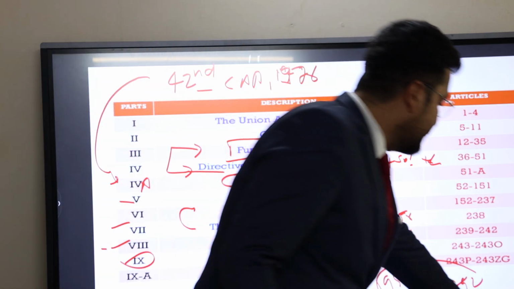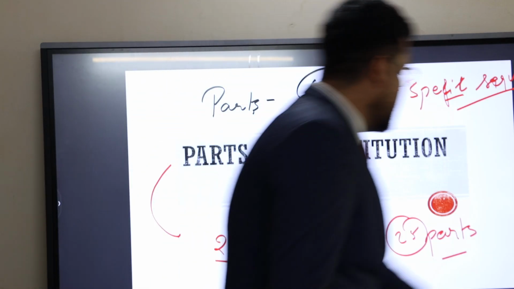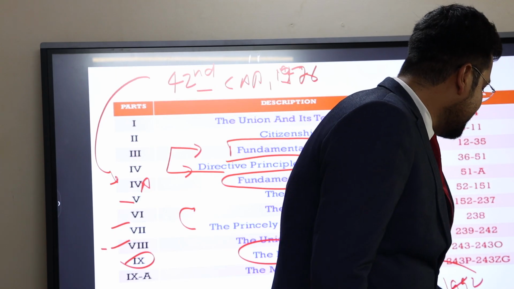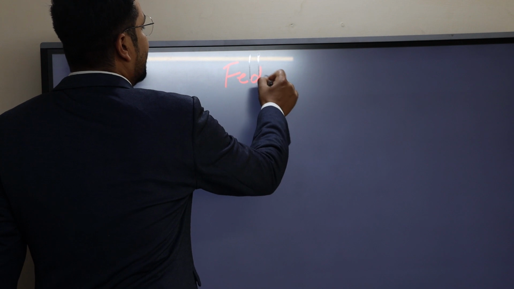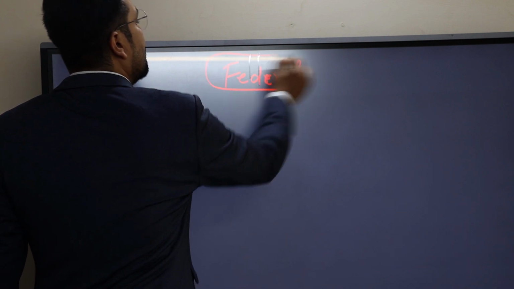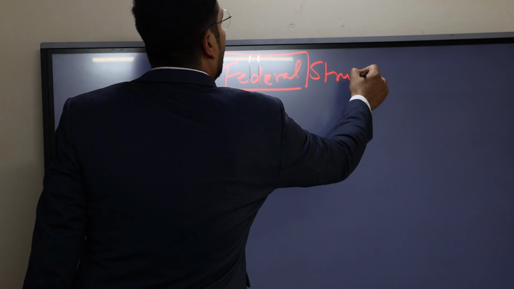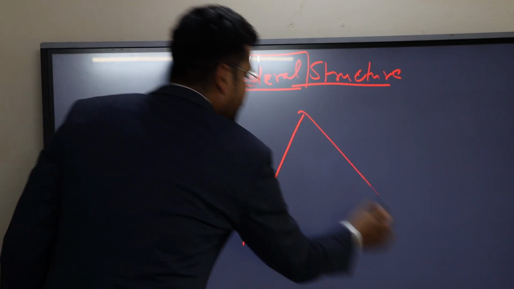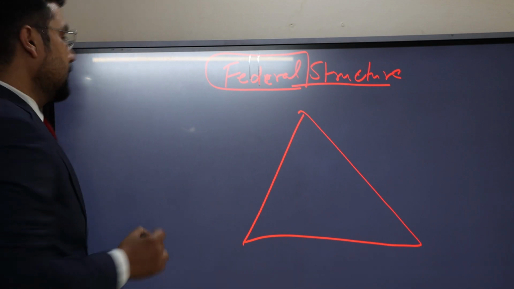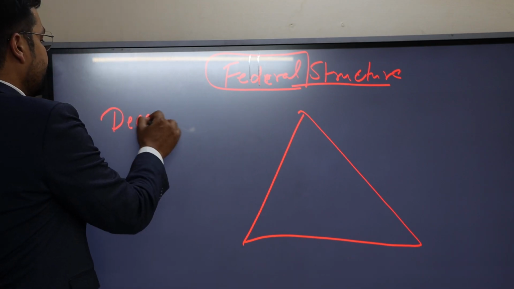Here comes another concept to understand this with conceptual clarity, how we can memorize the thing. So here we will understand the federal structure. What is federal structure? The structure where there is a division of power, decentralization.